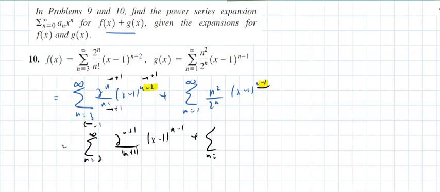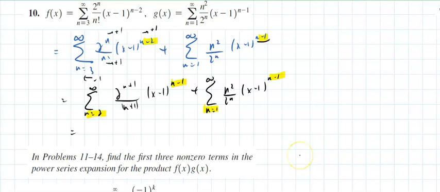If the variables don't match, there's no way of combining those, and we want to combine those. The next up, so this is done. Those match. Now we need those to match. I notice, since I can't change the power, well, if I drop one piece out of that term, so can't I say this is the series n equal 2 to infinity of 2 to the n plus 1 over n plus 1 times x minus 1 to the n minus 1.